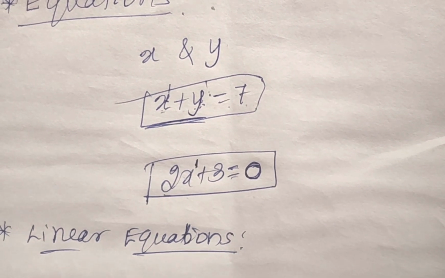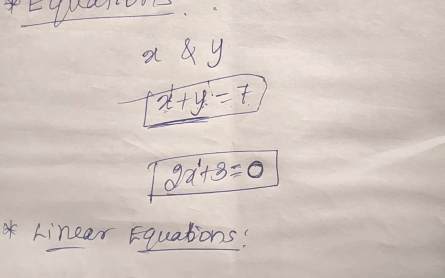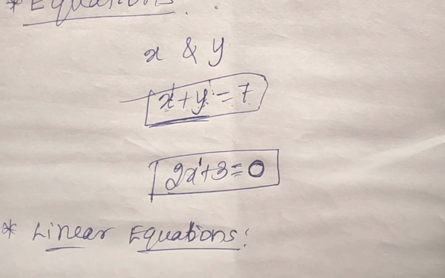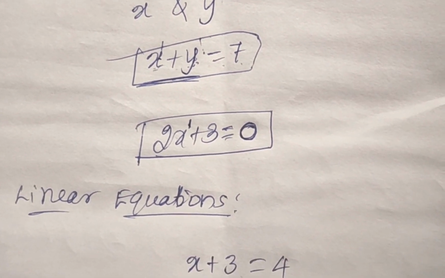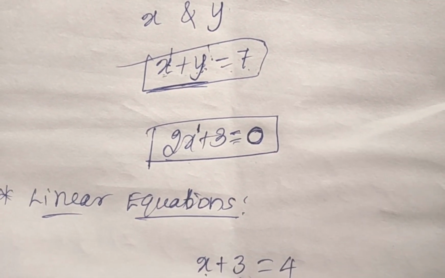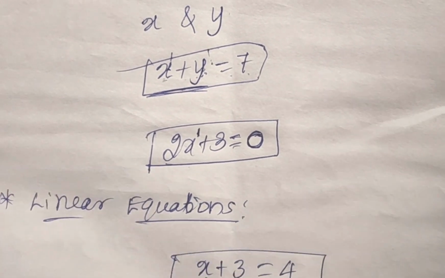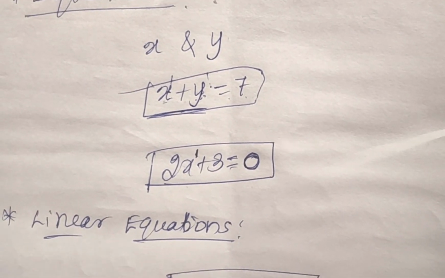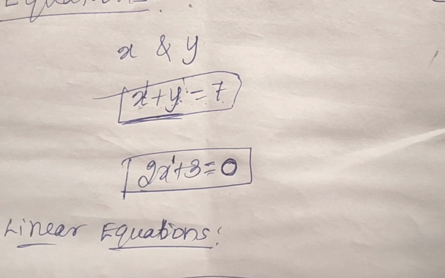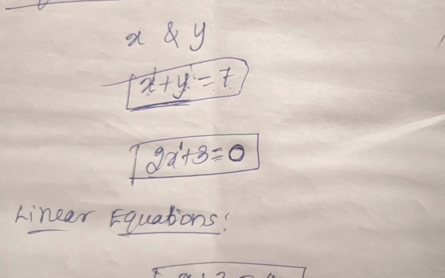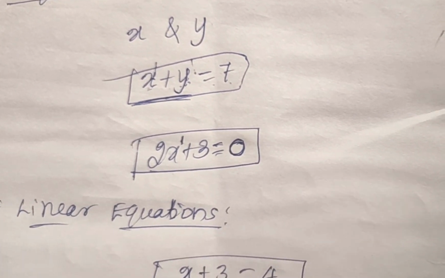One simple example: x is added to 3, that gives the result 4. A number is added to 3, that gives the result 4. Almost 5th standard students can solve this. They can understand that a number which is added to 3 gives 4.